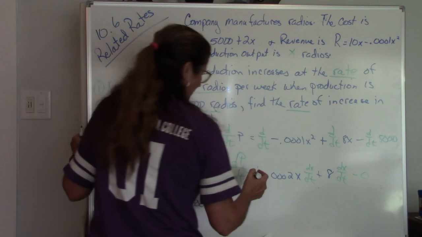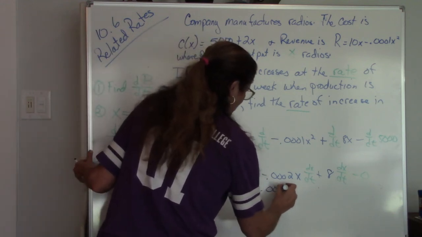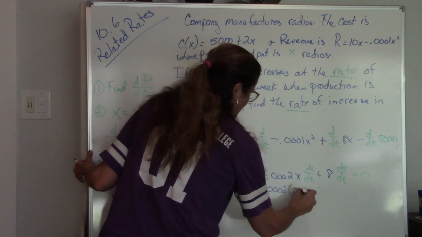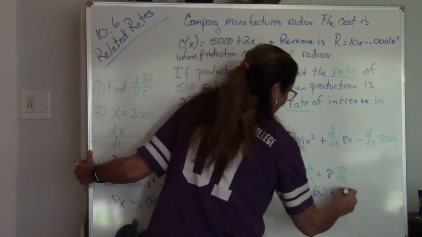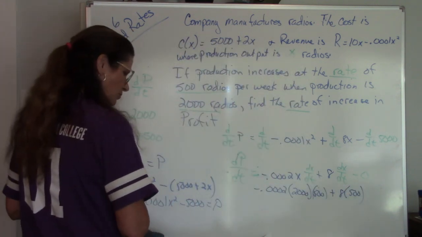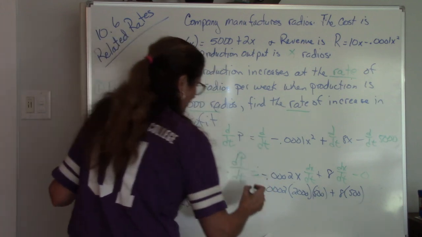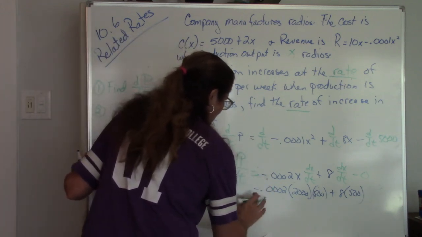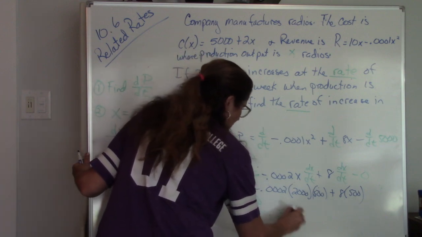Now I'm going to plug in my values. So I have negative 0.0002 times 2,000 times 500 plus 8 times 500. And when I do all of that together, I end up with a profit dP/dt of 2,000.